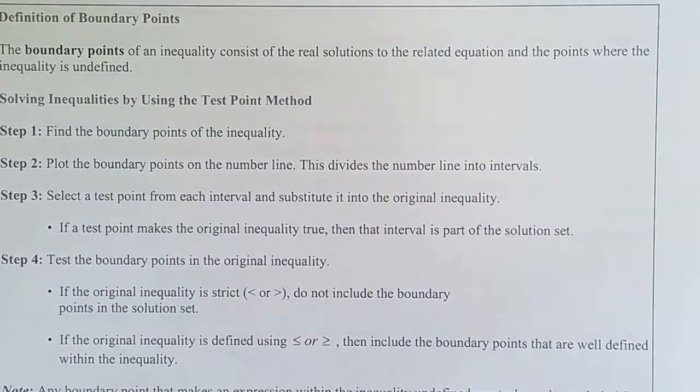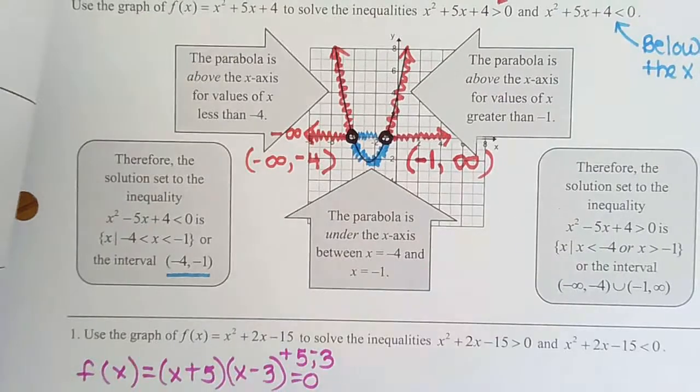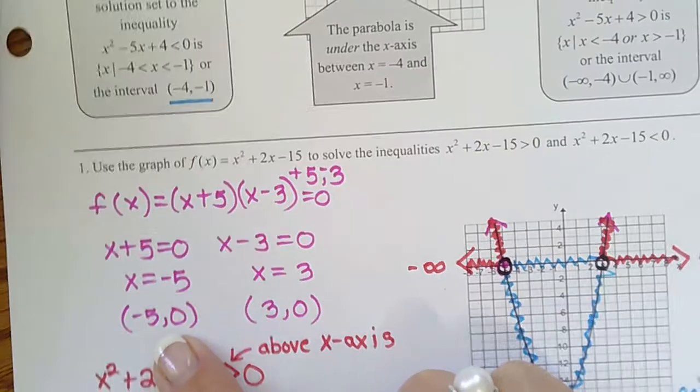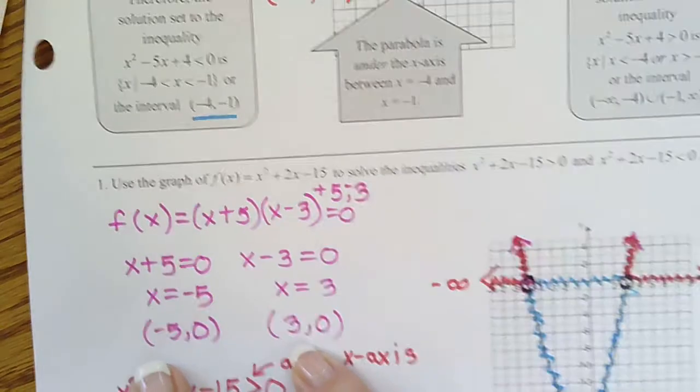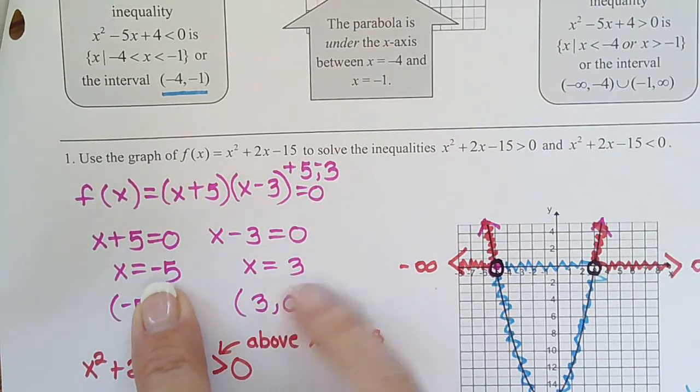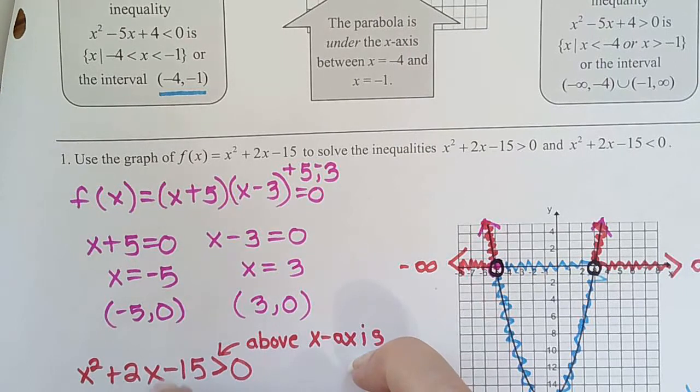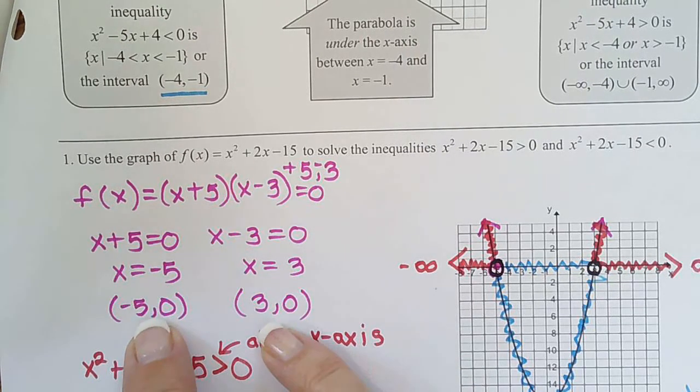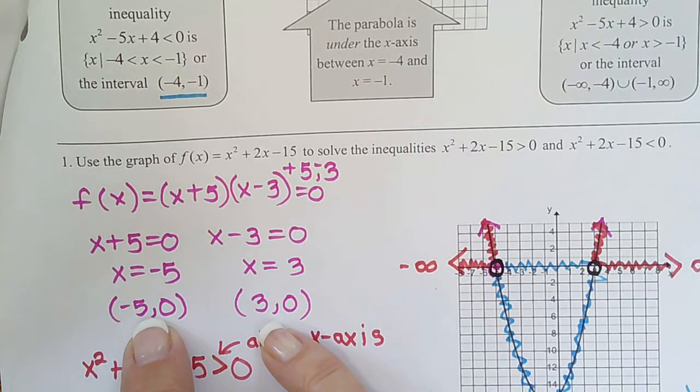Just like on the last problem, our boundary points would have been (-5, 0) and (3, 0), because there are two x-intercepts, right? So x equals negative 5, x equals 3 would be the values on the x-axis. These would be the actual points. So they're called boundary points. They're the solutions or the x-intercepts.